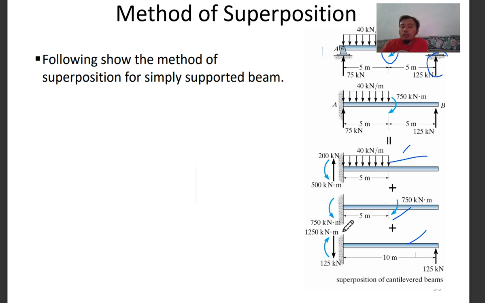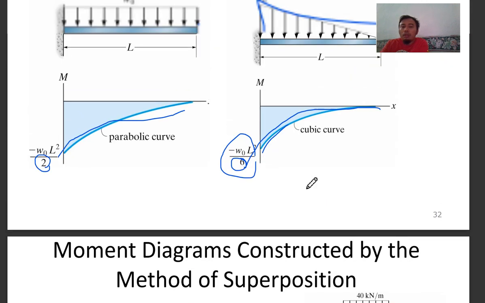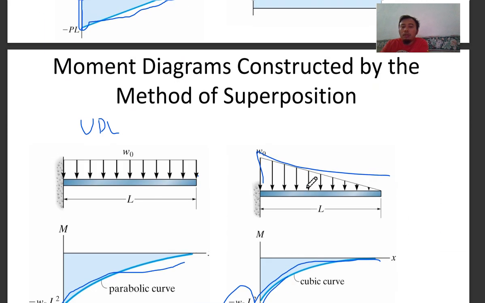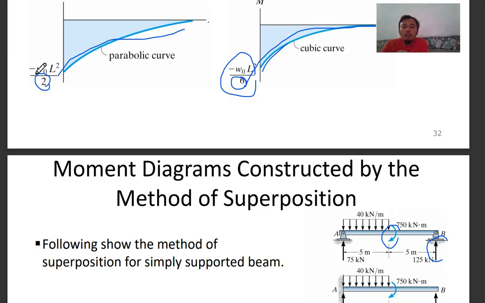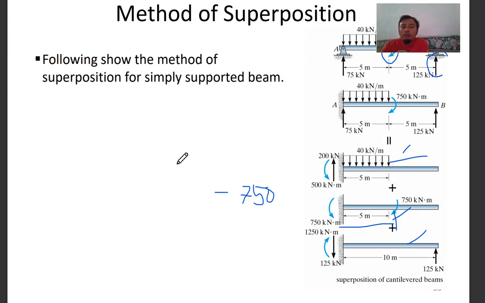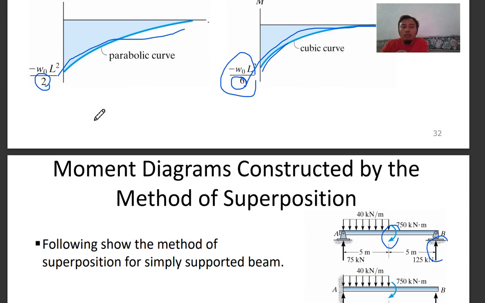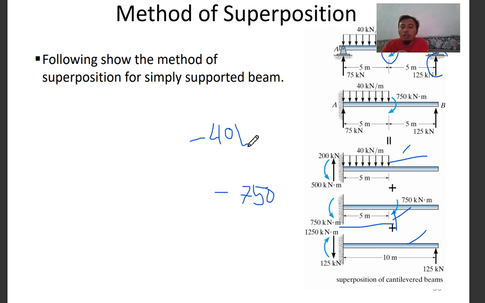This is a flat function, which will be easier, which is negative 750. This one is a function here, negative 40 times x squared, L squared, x squared, whichever is suitable for you, divided by 2.